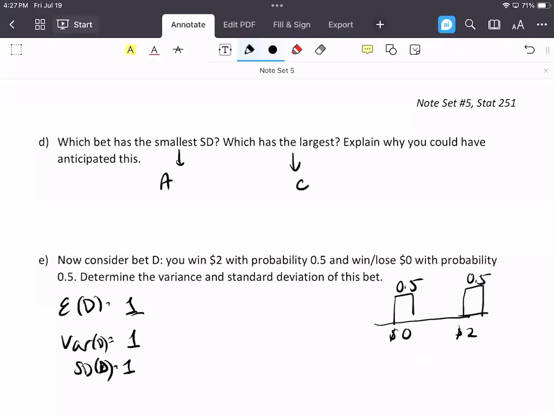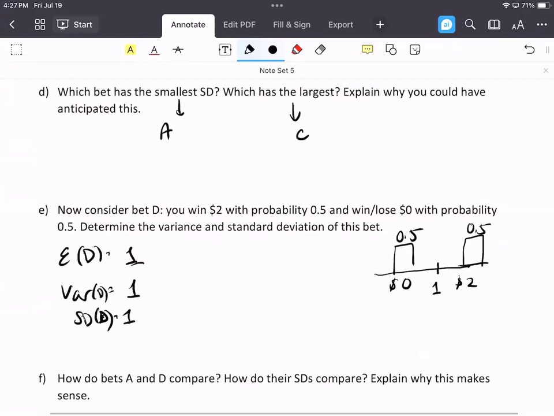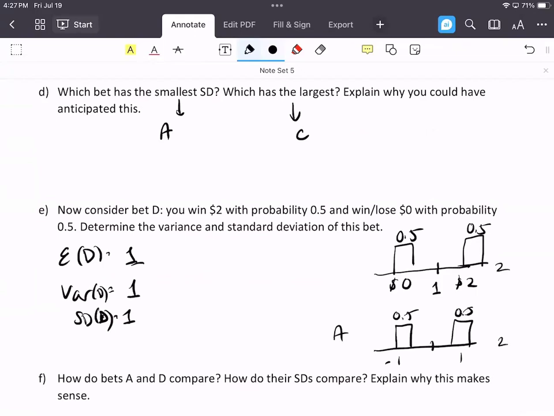So how do bets A and D differ? If we look at them, just to remind ourselves, bet A looks like this. They look very similar, don't they? The range here is 2 for each of them.